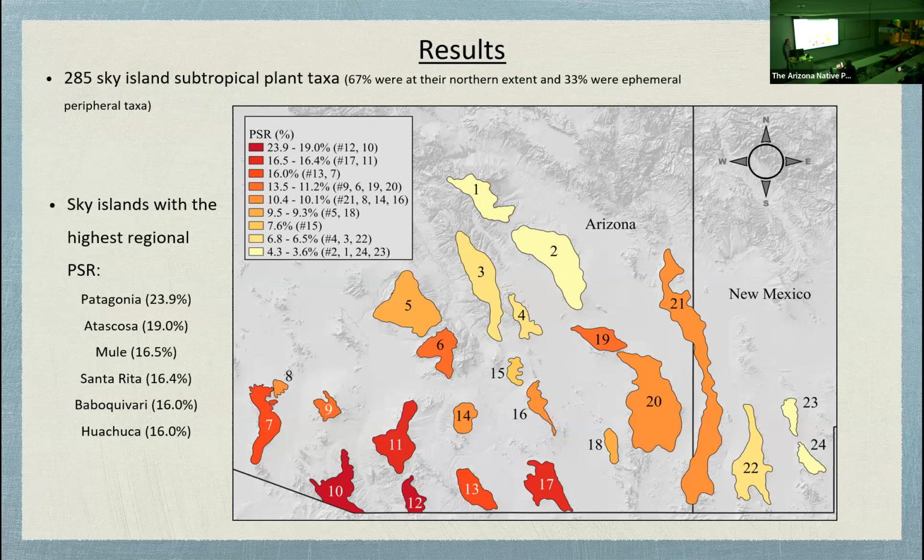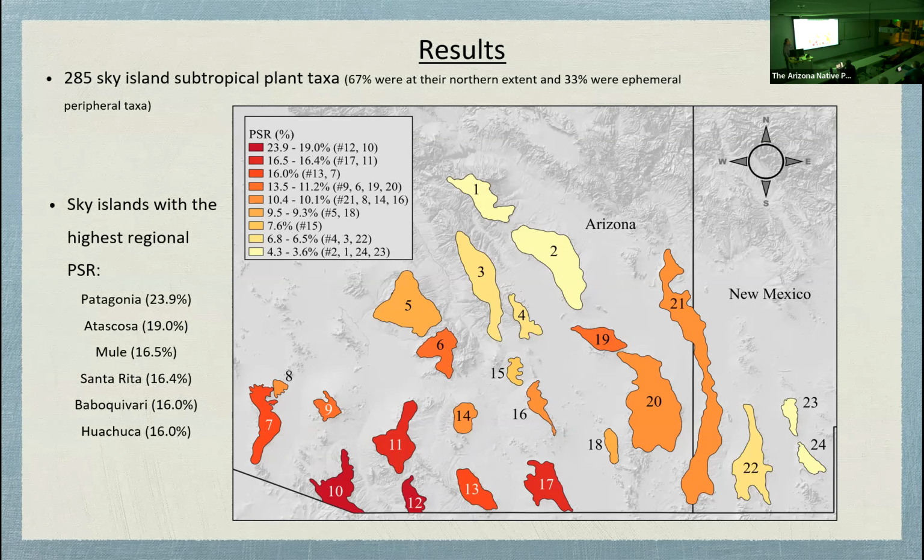And here is how that broke down across the six Sky Islands. The figure basically shows a heat map of the various Sky Islands, with red being more species rich and the colors going down. You can see the index on the top that tells you what the percentages are.